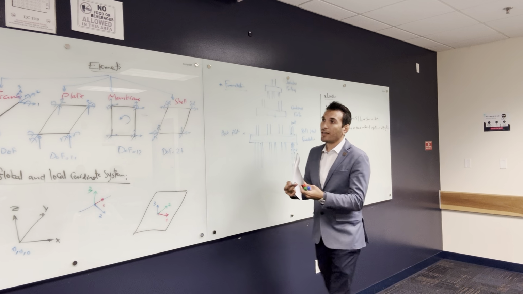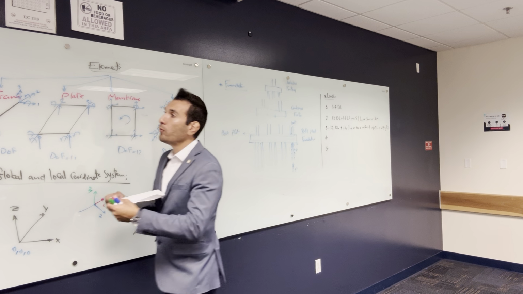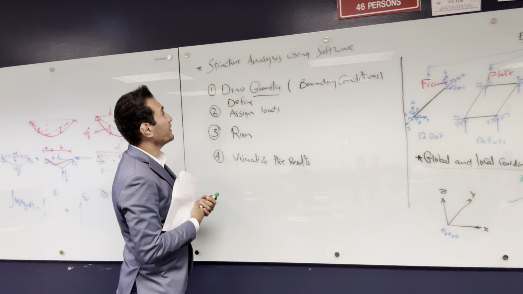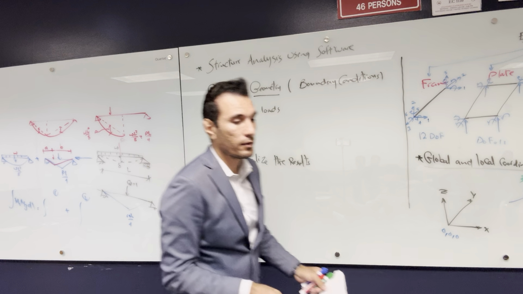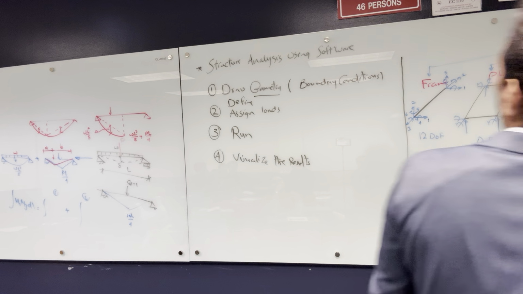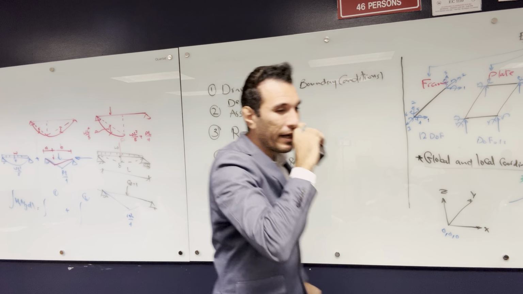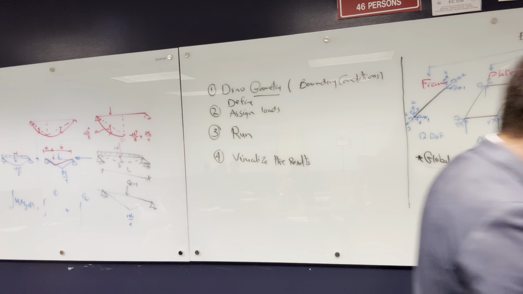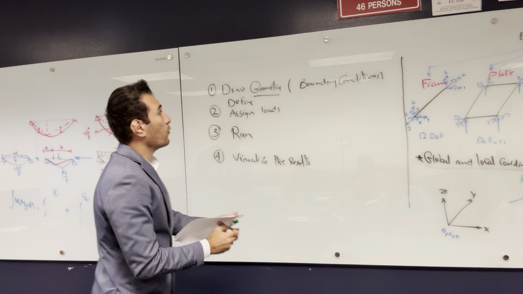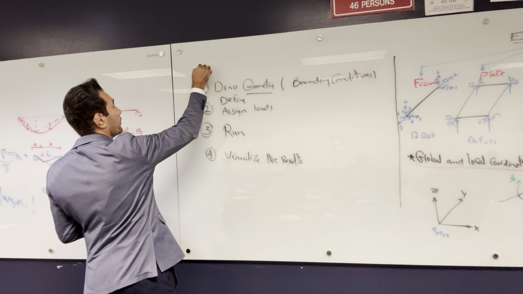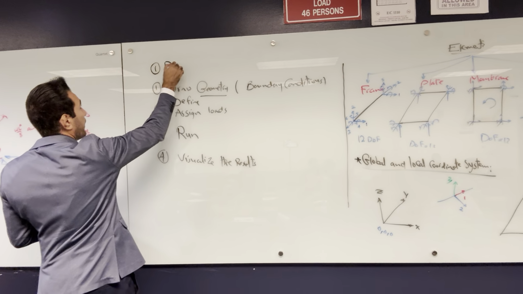I want to talk about something else. When we draw the geometry, actually before drawing the geometry, there is a step called define the material. You can actually do this step after you draw the geometry, but it's better to do it before.